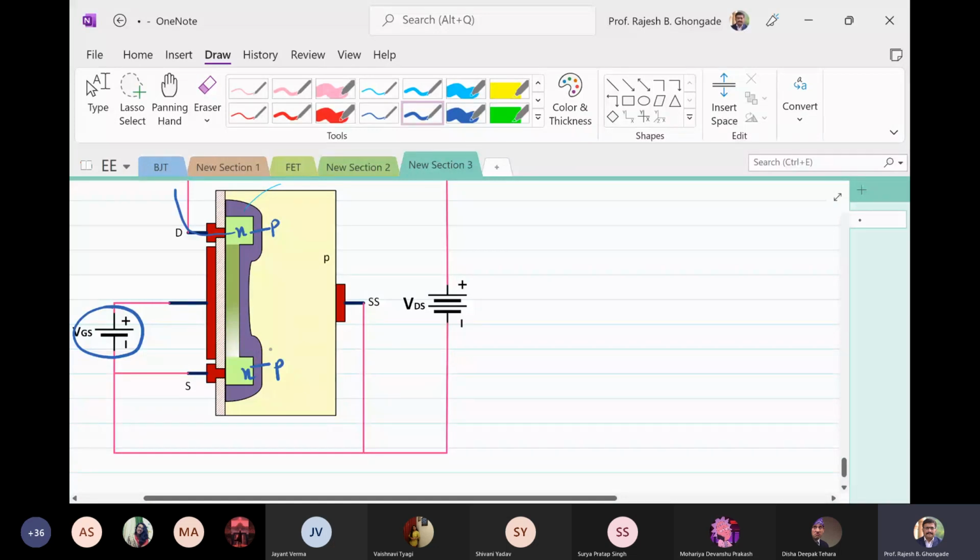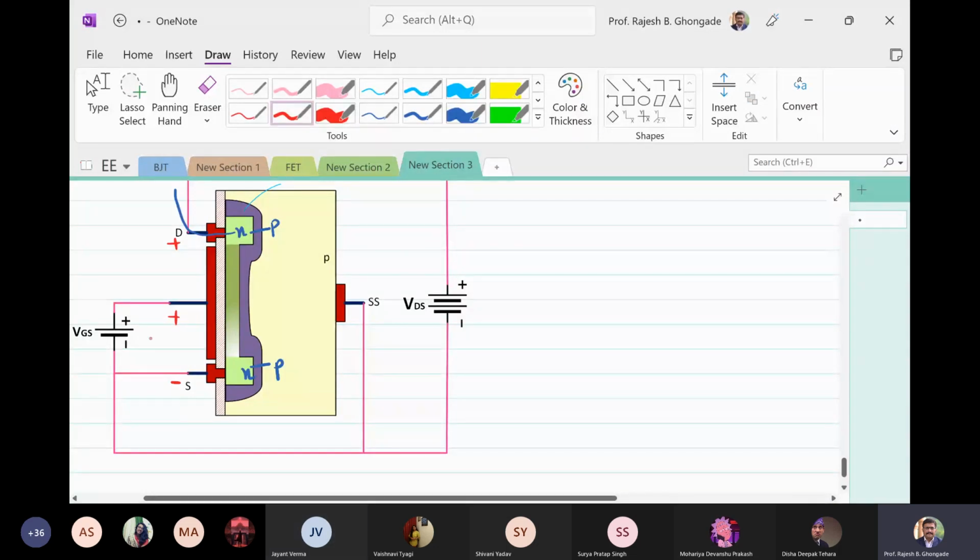Now, if both VDS and VGS are set to some positive voltages, just like in this case, what is going to happen? It will make the drain and the gate both positive with respect to source. So drain positive है और gate positive है with respect to source, as you can see.